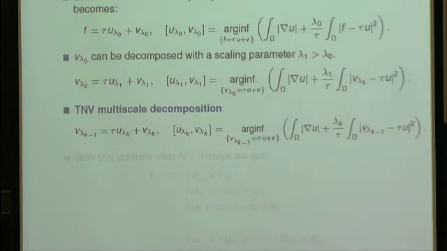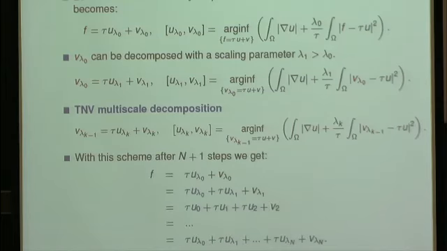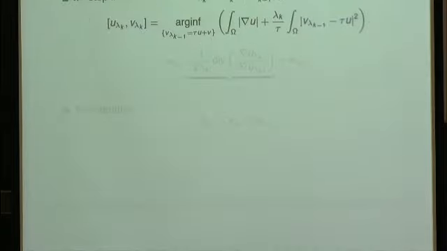So, basically you produce a multiscale representation, and after n plus 1 steps you get something that looks like this. It is a nonlinear multiscale decomposition with this lambda.